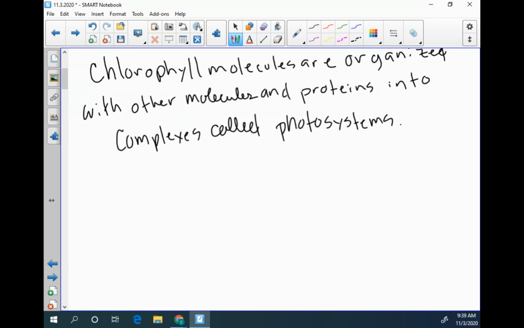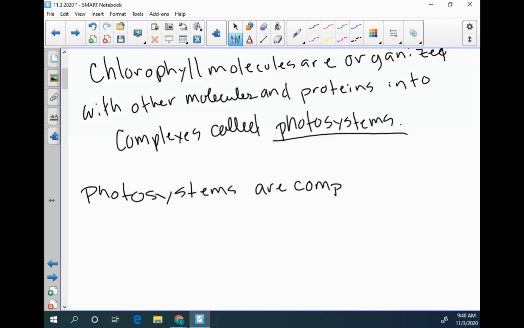So, photosystems are comprised of a reaction center with several light harvesting complexes.